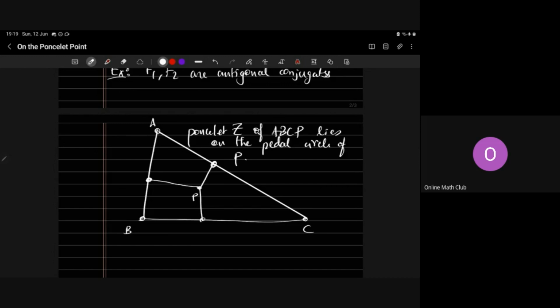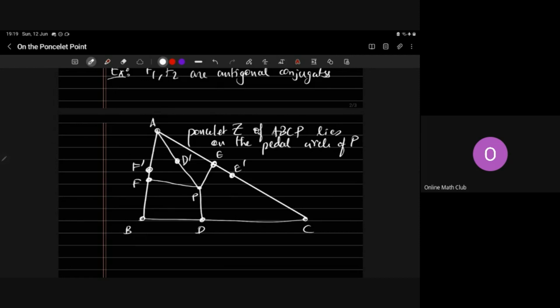Let the feet be D, E, F. We'll denote the midpoints of AB and AC by, let's say, F prime, E prime, and the midpoint of BC by D prime.